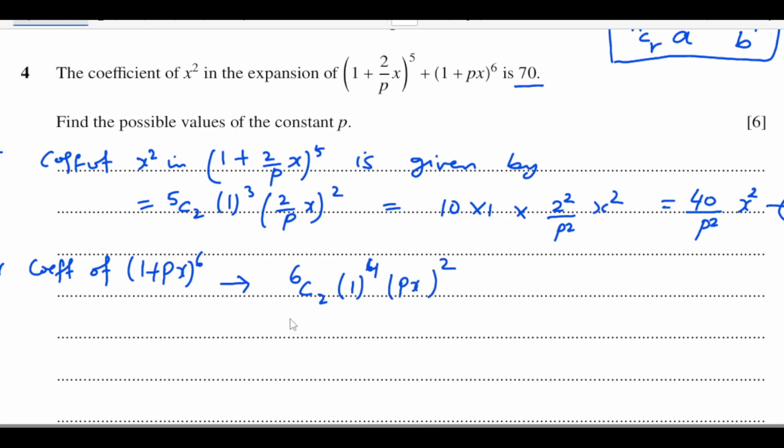Now 6C2, if you calculate, is 15, times 1 times p squared x squared. So this comes out to be 15 p squared. So this is equation number 2.